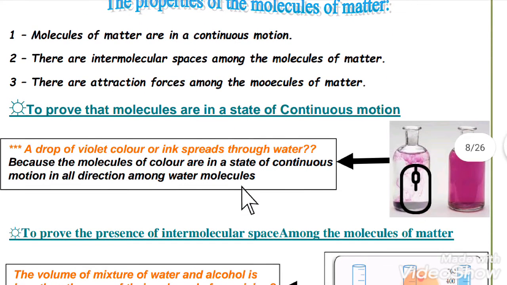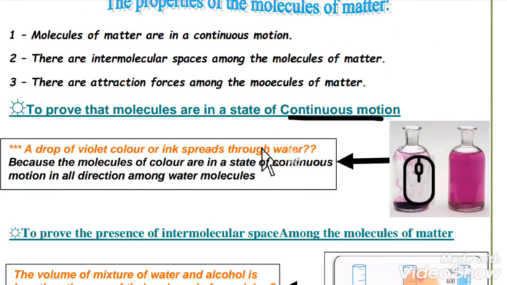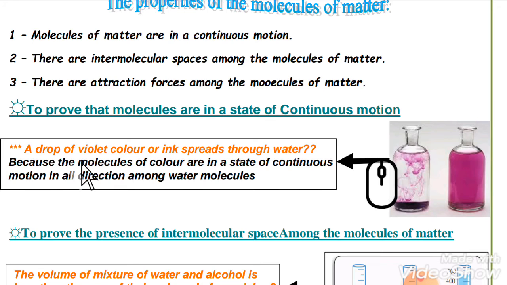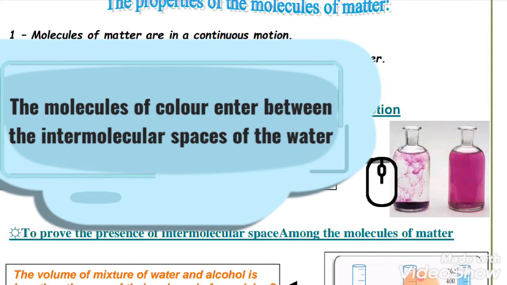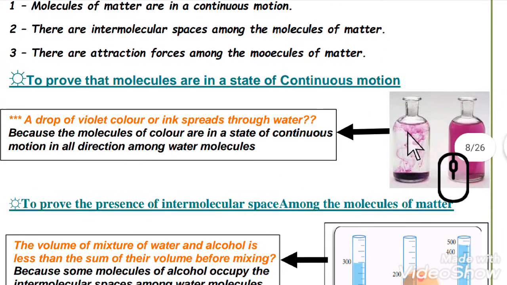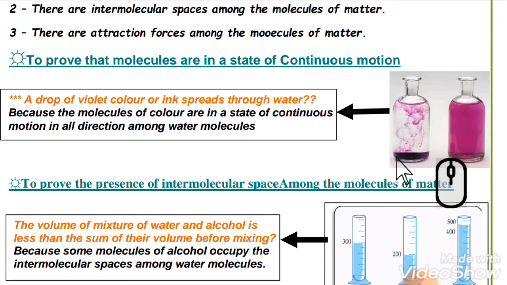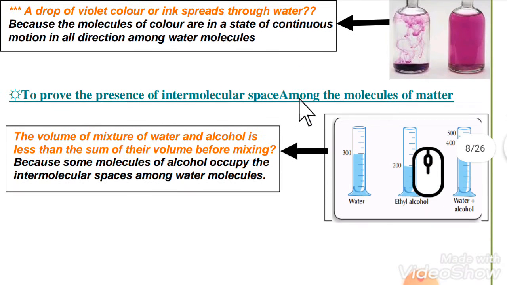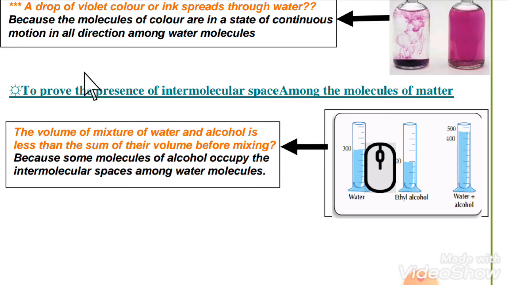Then we have an example for the continuous motion of matter: we put a violet color or ink or potassium permanganate inside the water, and notice that the drop of permanganate continues and enters between the intermolecular spaces of the water. So it spreads out inside the water until we reach the violet color of the water.